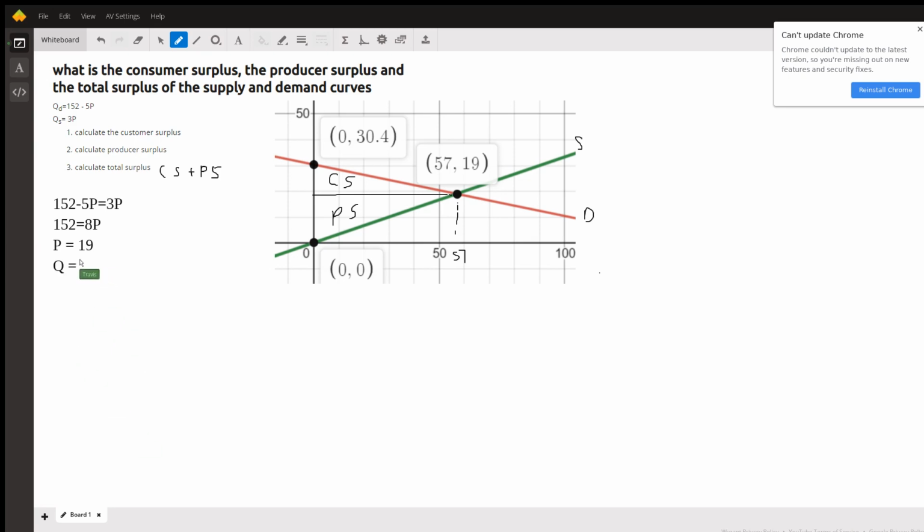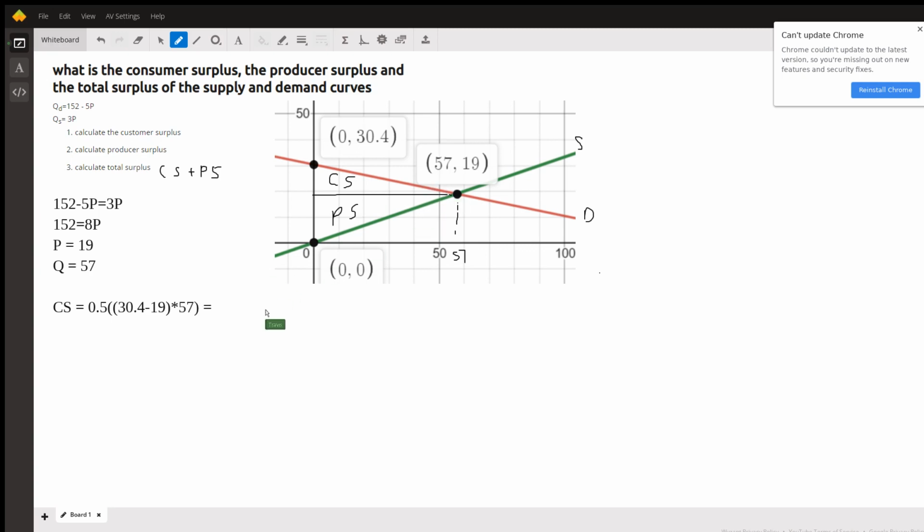So Q equals 57. Consumer surplus is the area of the difference between the reservation price, or the top of the demand curve, which you can figure out if you put in a quantity of 0 and then solve for P, it'll be 30.4, and the price of 19, multiplied by 57, because that's the number of units that we're going to get.